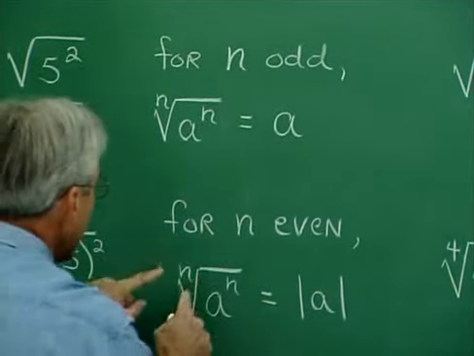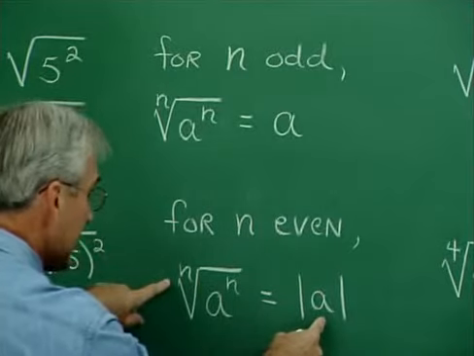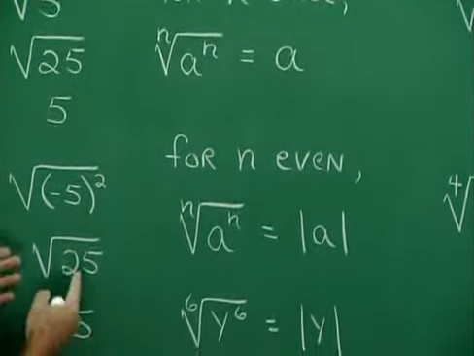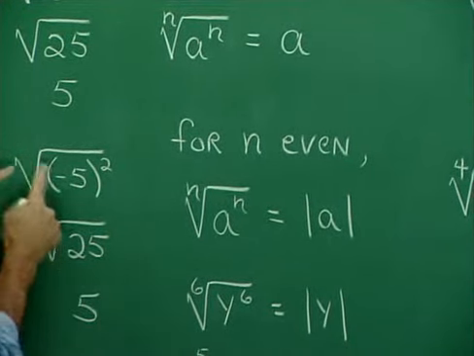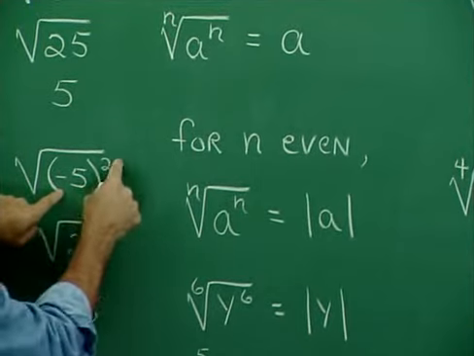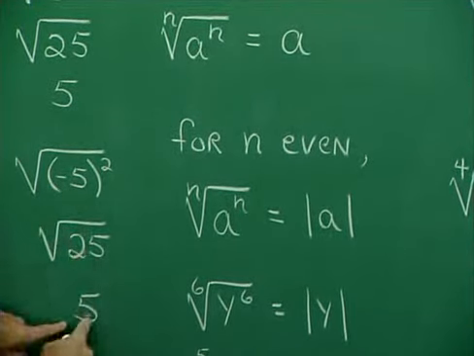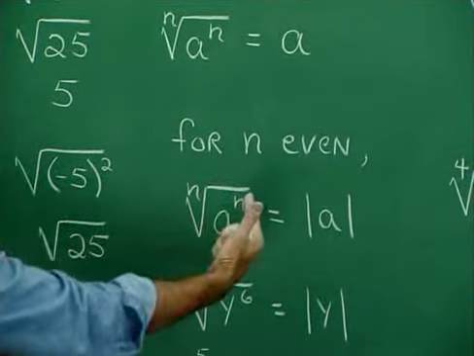So we have to say that the nth root of a to the n is going to be the absolute value of a. Here, for example, this is a good example of the situation that the n is even here, and we have the negative value squared. It becomes positive, and we have a positive value. We have the absolute value of the number we started with here. So here's how this is illustrated.